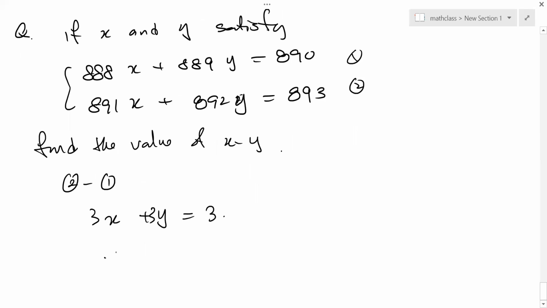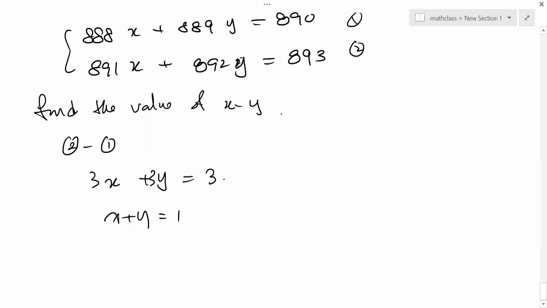So quickly you can get x plus y. Then, once you have x plus y, you can use any of the equations to solve the problem. You can use a substitution.